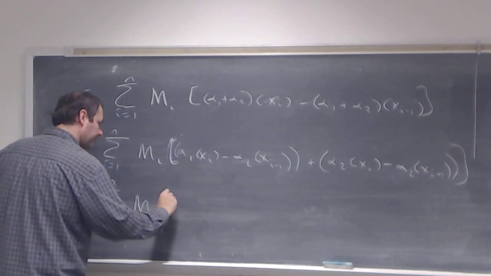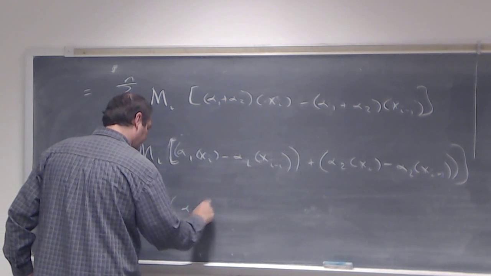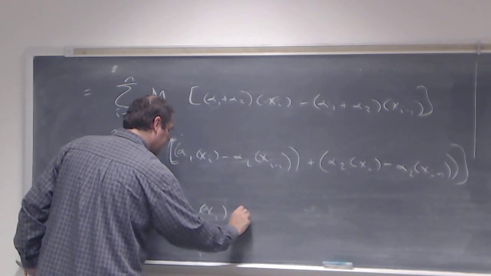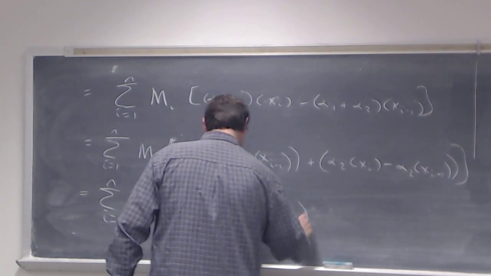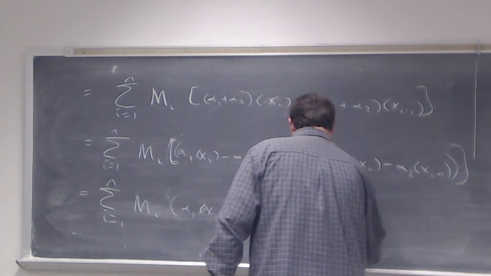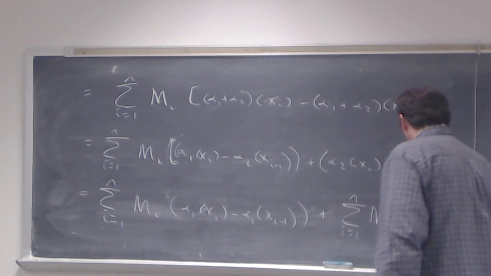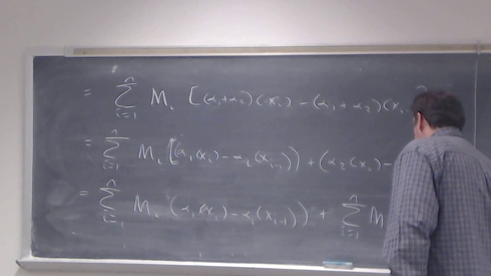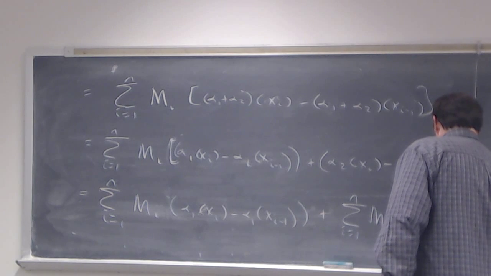The sum of m sub i times alpha sub 1 acting on x sub i minus alpha sub 1 acting on x sub i minus 1, plus this sum as i runs from 1 to n of m sub i times alpha sub 2 x sub i minus alpha sub 2 x sub i minus 1.